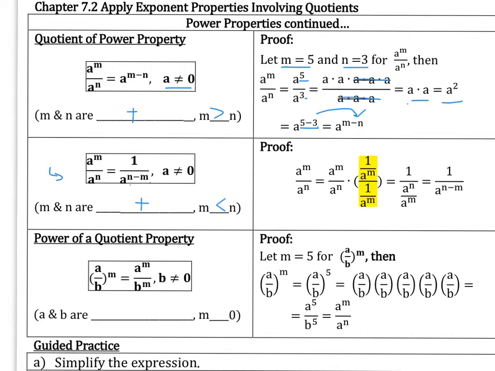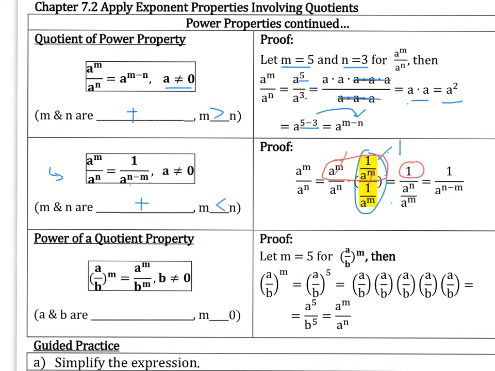Let's prove this. A to the m over a to the n equals a to the m over a to the n times 1 over a to the m over 1 over a to the m, by using the identity property of multiplication. Now this will just be equal to 1. So now I can take a to the m and multiply that by 1 over a to the m, which equals 1.